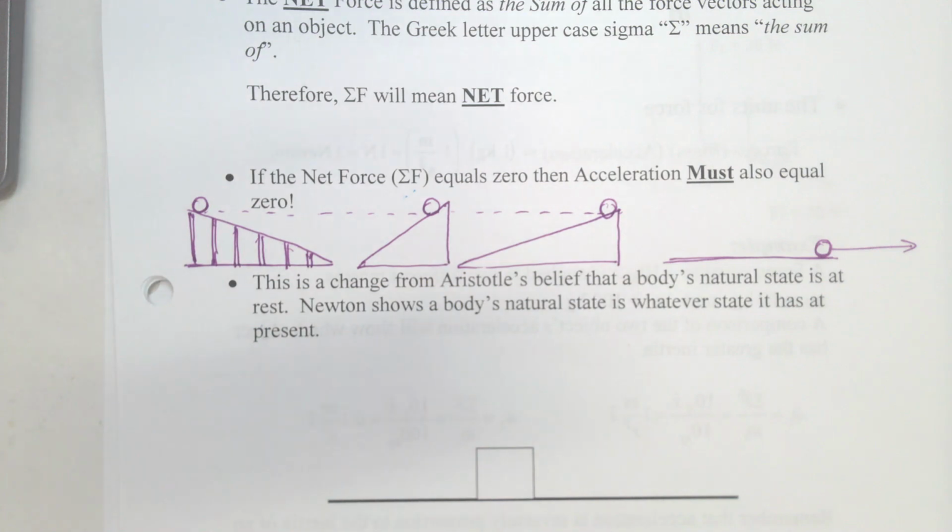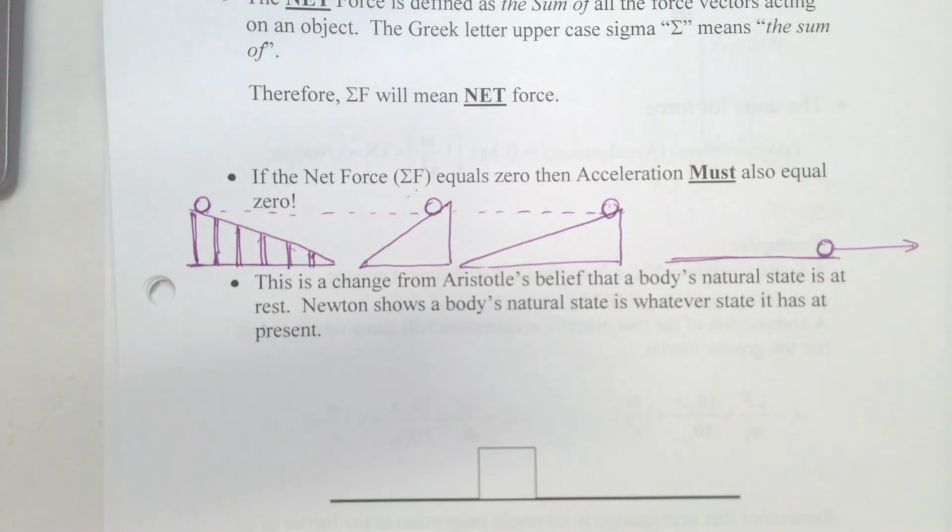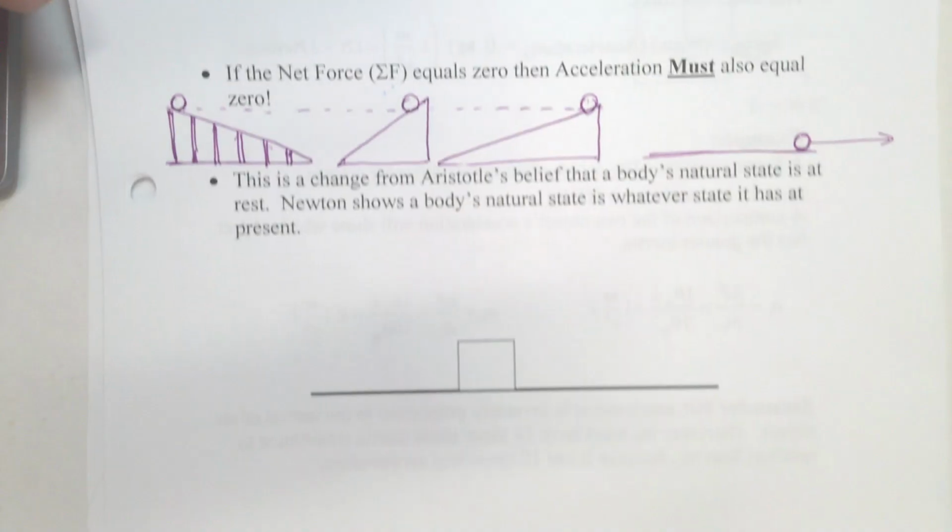When it's in motion, it will stay in motion. That's inertia. Yes, friction will slow it down eventually. But that friction is so negligible if you have a nice, smooth, polished, waxed floor like the hallways. It'll just keep going. You'd be surprised how far that thing will go.